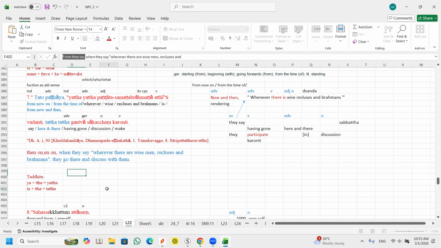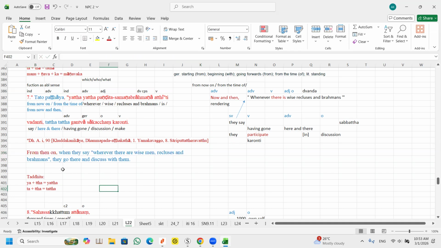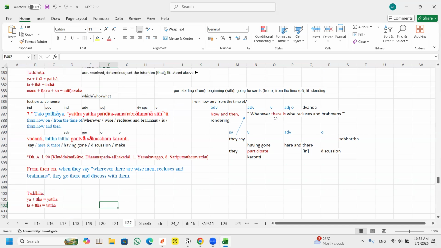I use my own explanation so that you can understand. You have a choice in determining this one. Pato Pattaya, from then on. The word on means going forward, right? In English, going forward is on. So here I use the phrase from the time of.